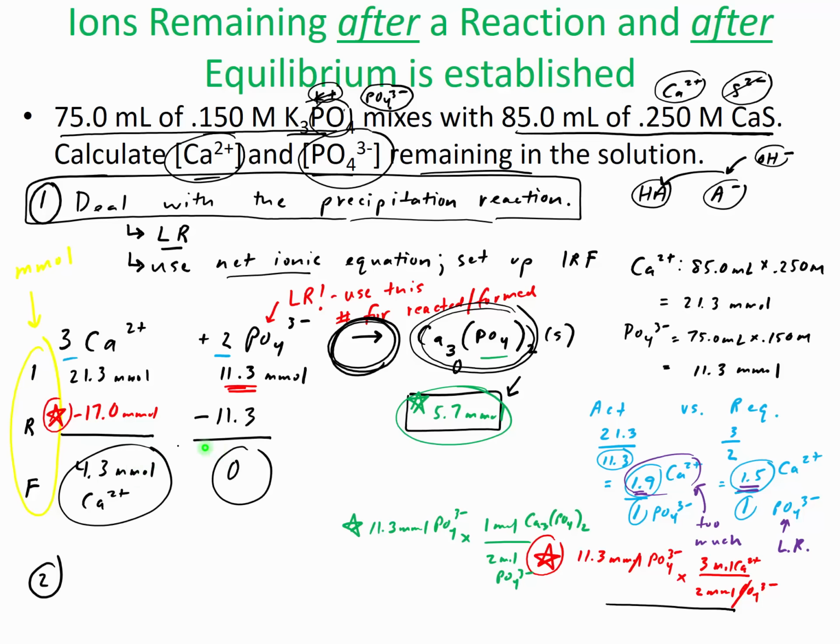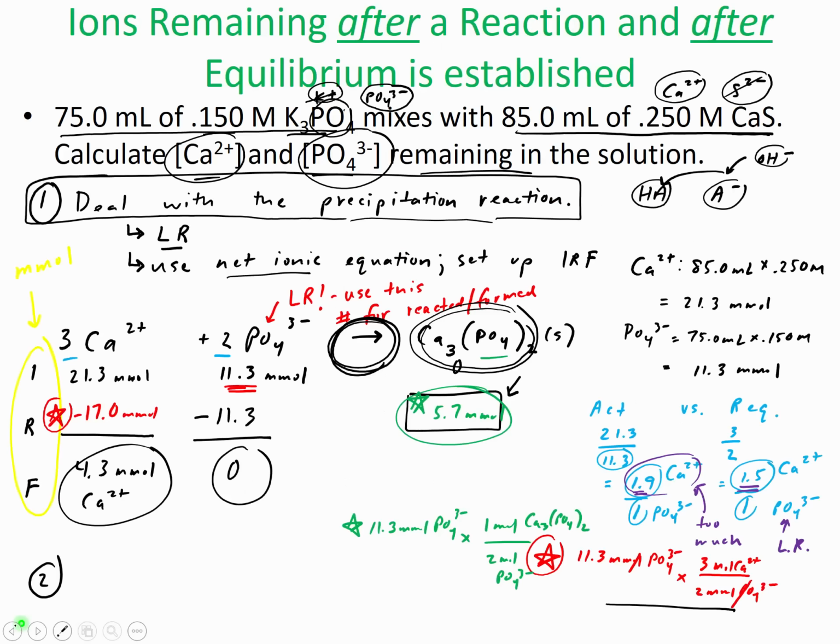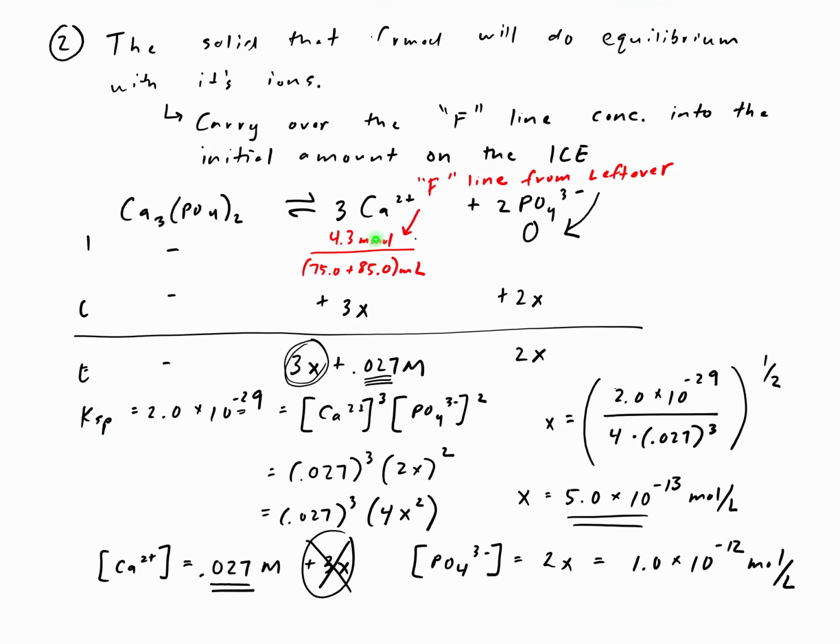Then these two amounts on the F line, just like on those buffer problems, get carried over into here and here. What we're trying to figure out is, now that you have this solid, how many ions is this solid going to make based on its KSP? So that's this process right here.